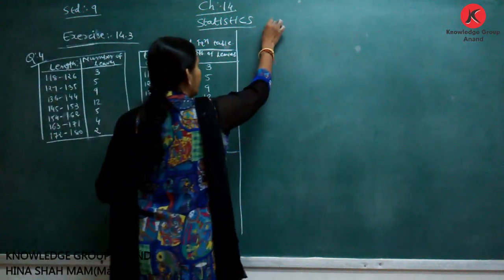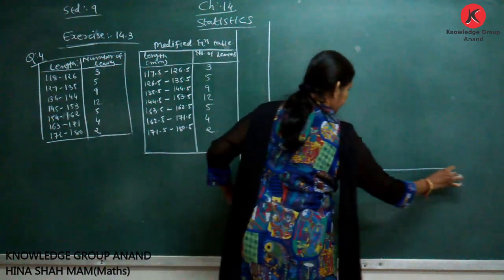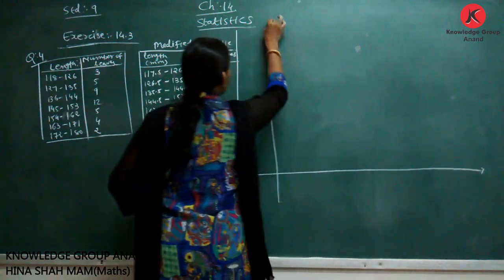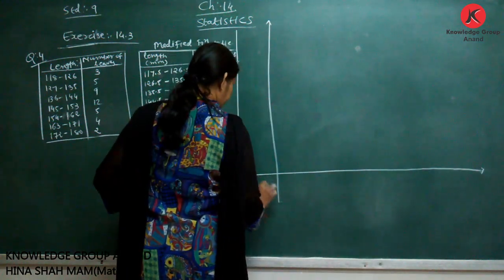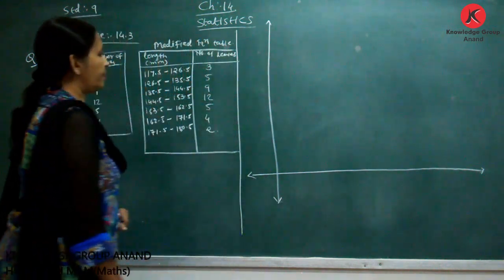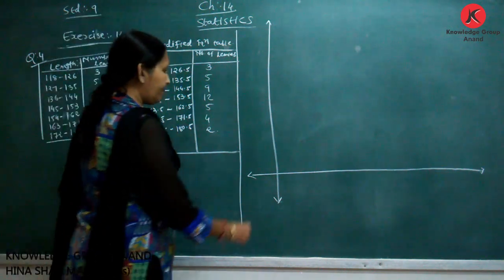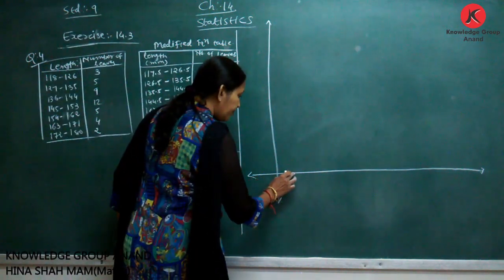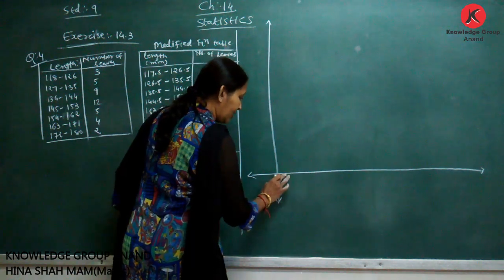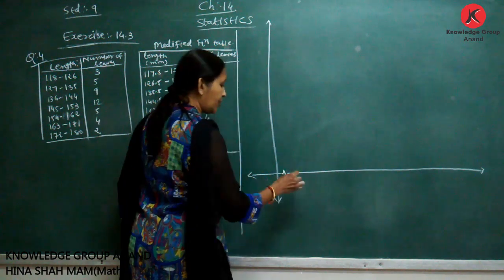Now we draw the histogram. Here, 117.5 to 180.5. We draw a kink on the axis. In standard 9 we learned, if the axis does not start from zero, then we draw a kink.